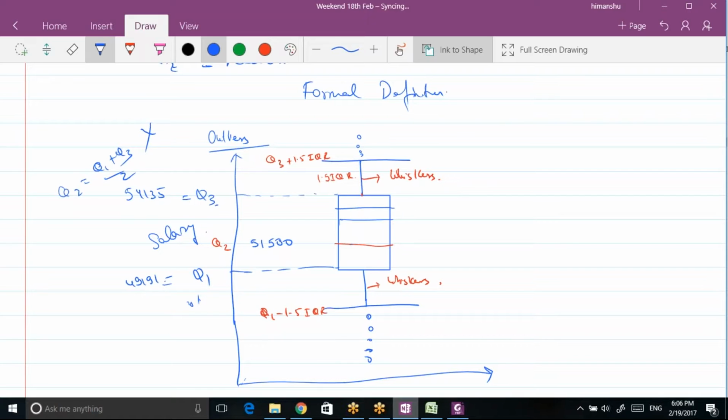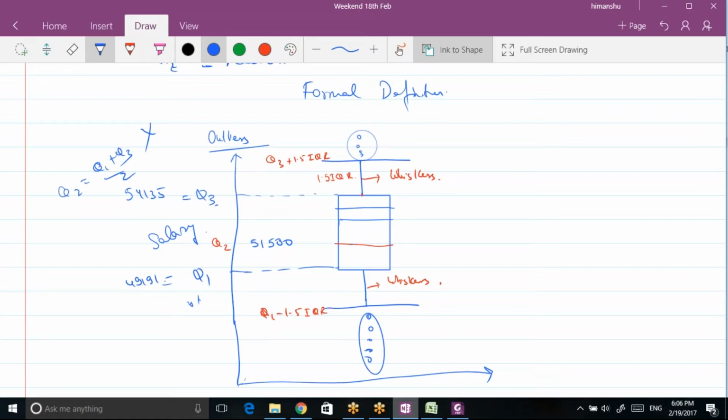Now tell me one thing. What if we don't have any outliers? There won't be any data points here or down anywhere.